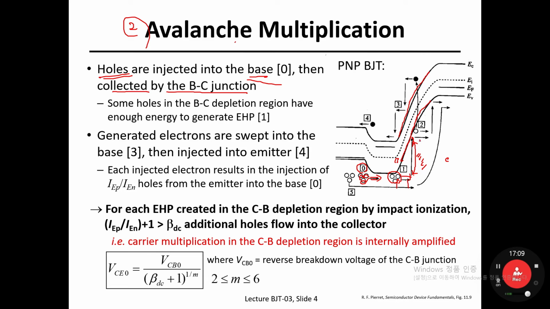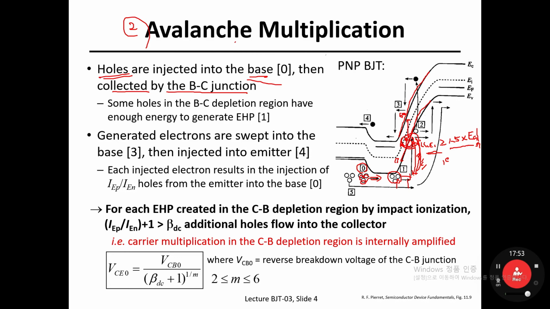If this kinetic energy to be lost is higher than 1.5 times the band gap energy of silicon, then we may expect another electron-hole pair to be created because of this lost kinetic energy. This lost kinetic energy can be delivered to the electrons, which were well stabilized in the covalent bonding between two silicon atoms. Because this kinetic energy to be lost is as high as 1.5 times the band gap energy, we may expect additional electron-hole pairs.